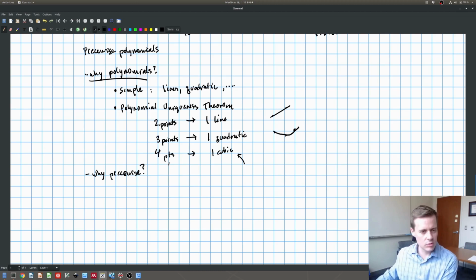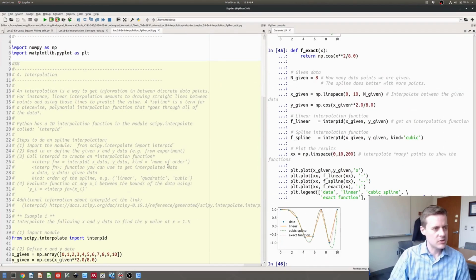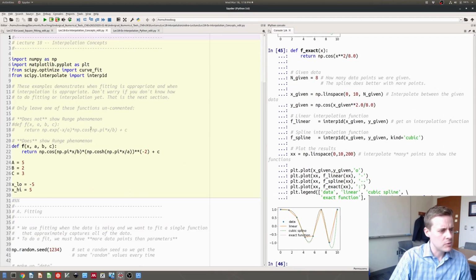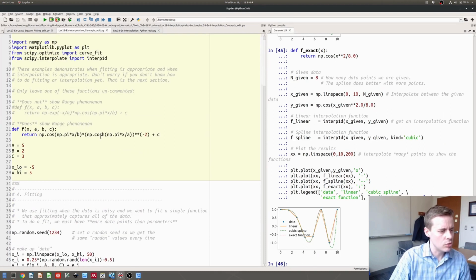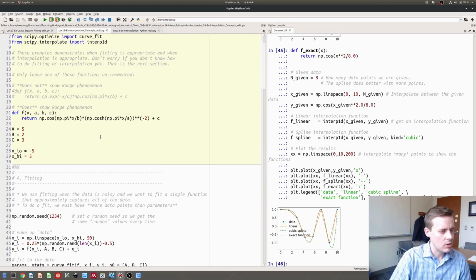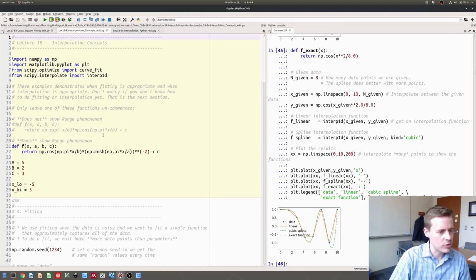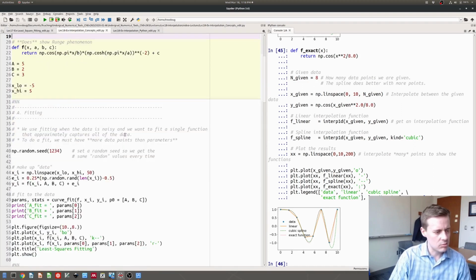And I'm going to show you real quick some Python plots just to show you why not. This isn't meant to be the example that we're going to do. I'll show you another example file later. But let's just look at some plots here to go over this.